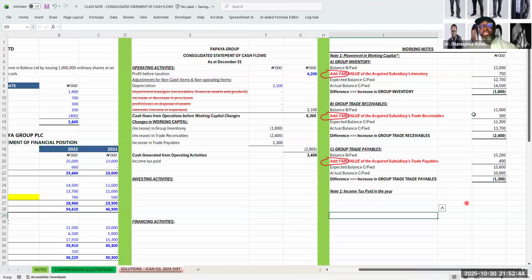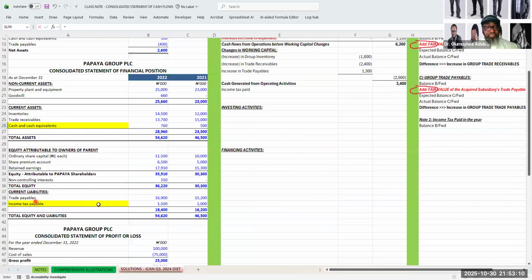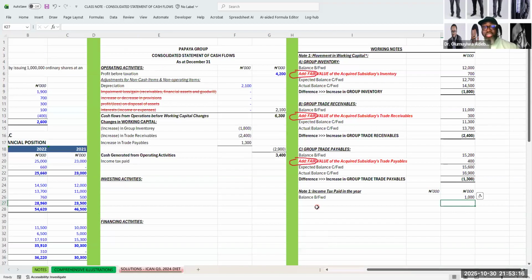And how do we determine that? Very simple. In similar fashion, given that we have graphs of our IAS 12, we start with our opening balance, balance brought forward. Our balance brought forward from our balance sheet is 1 million. And that's one of the reasons why we didn't consider it under working capital changes.